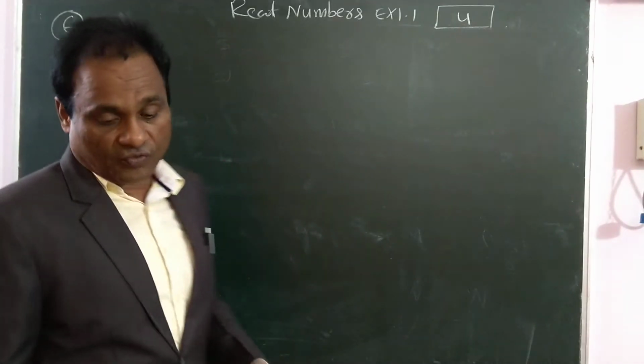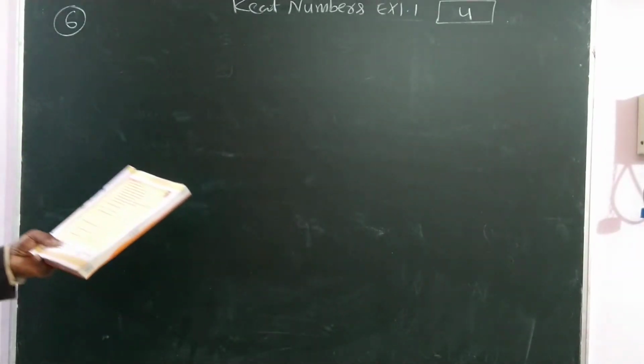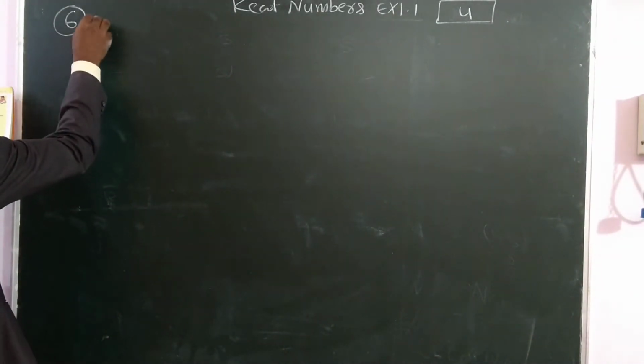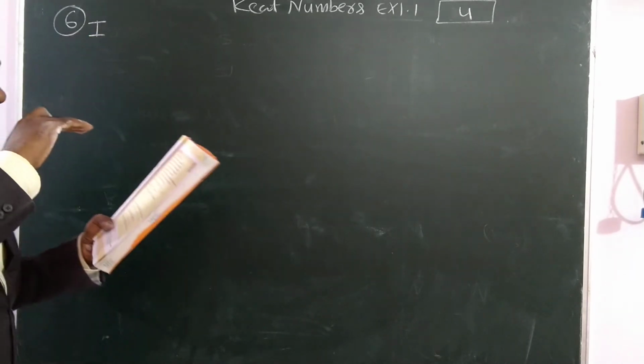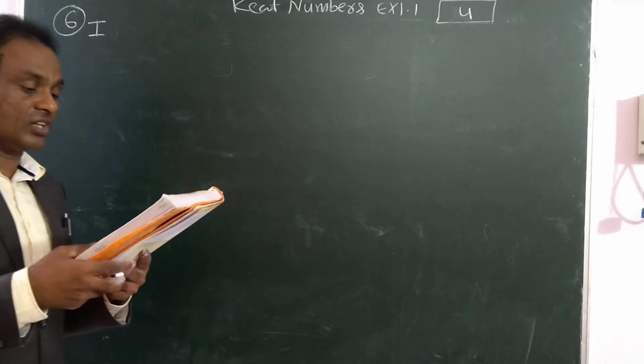Now we have two types of questions, 6th and 7th. In the 6th question, a fraction is given, change it into decimal form. So write down the question.